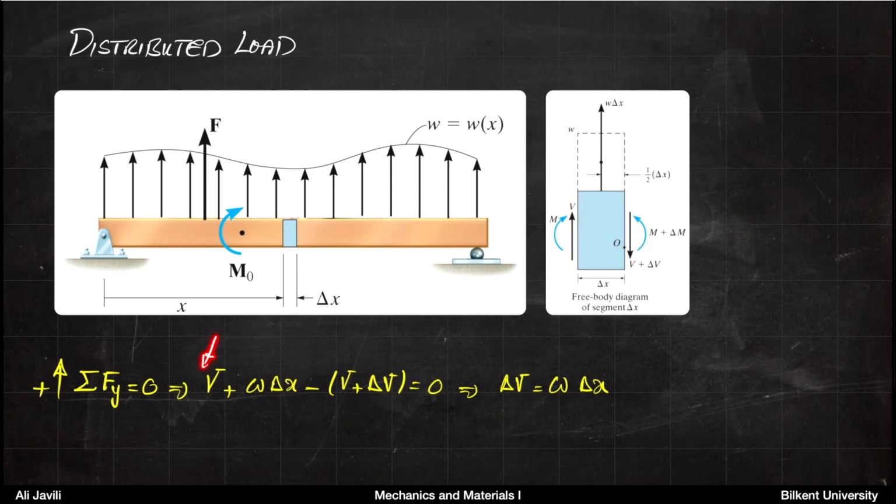So you get V with a plus sign, V plus delta V with a minus sign, and W delta x is also upwards. This equation results in delta V equals W delta x.